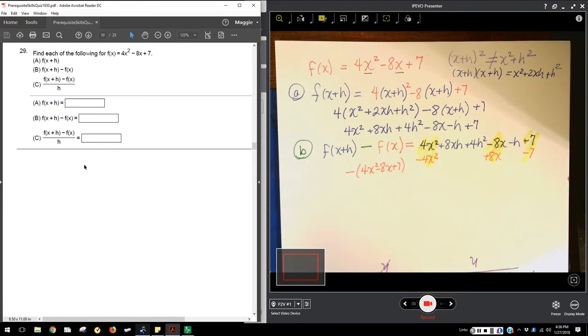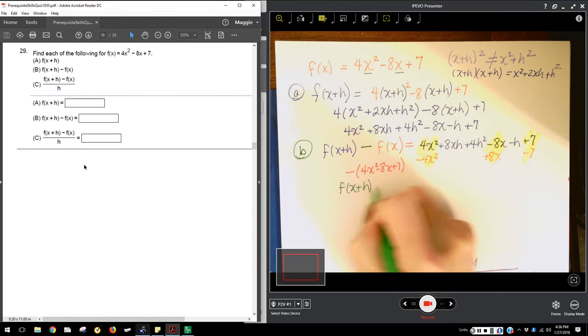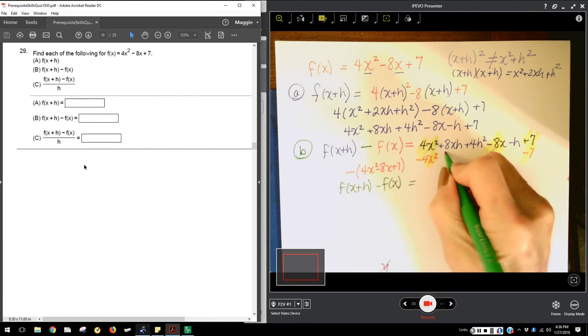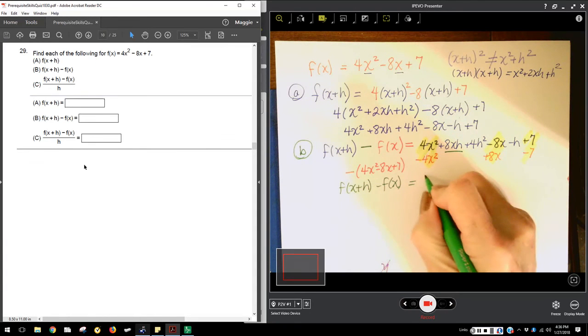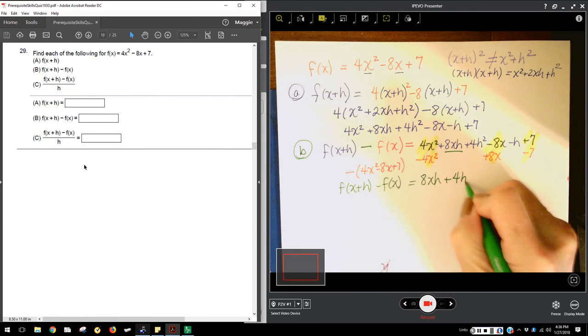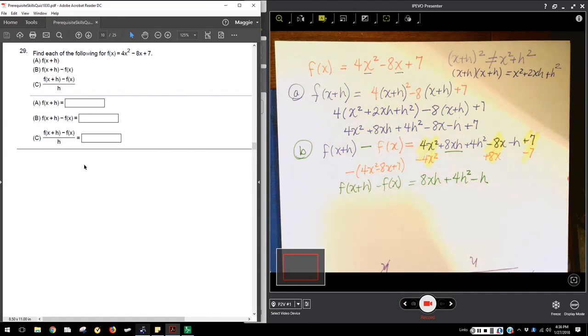So that f of x plus h minus f of x is equal to 8hx or xh, either one, plus 4h squared minus h.